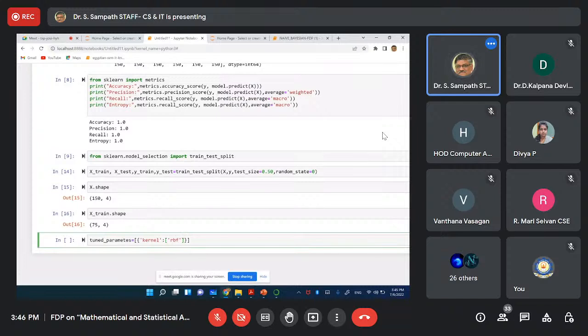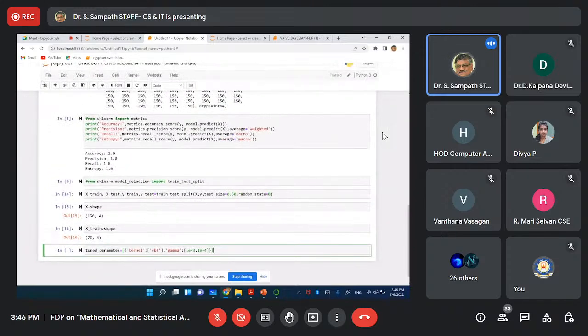Then I can have gamma, since the radial basis kernel has a gamma parameter. For gamma, I am assigning the values 1e-3, 1e-4. Just one kernel I would like to try.